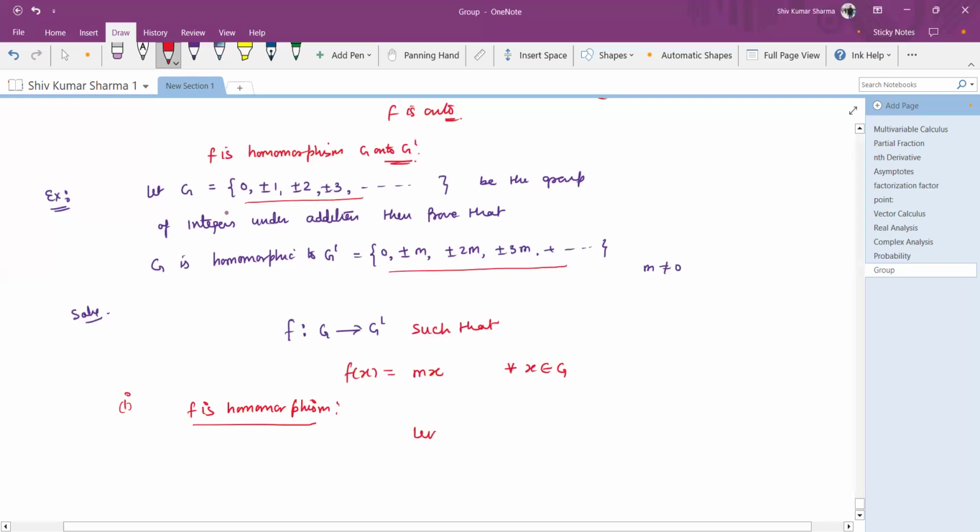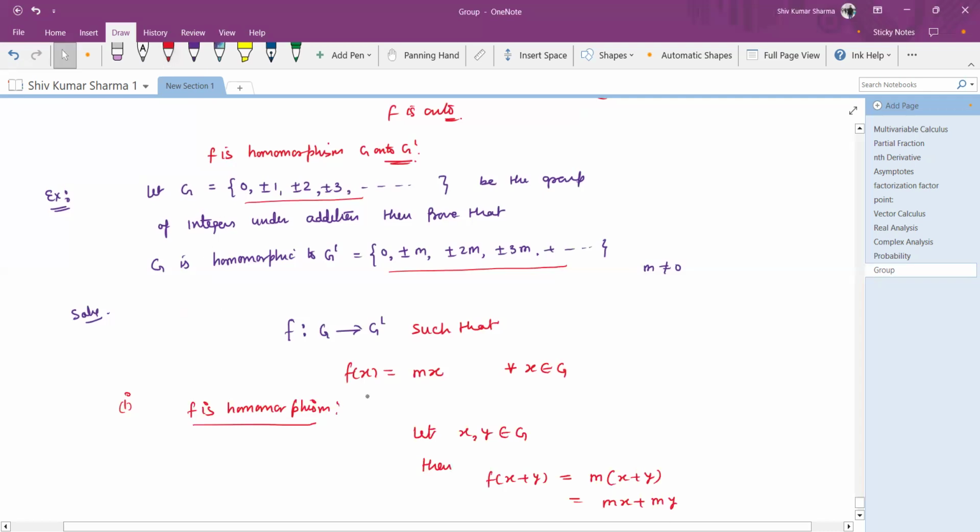We take two elements, let x and y be two elements of group G. Then, because both groups are defined for addition, f of x plus y is equal to m of x plus y, so x is replaced by x plus y. This can be written as mx plus my.